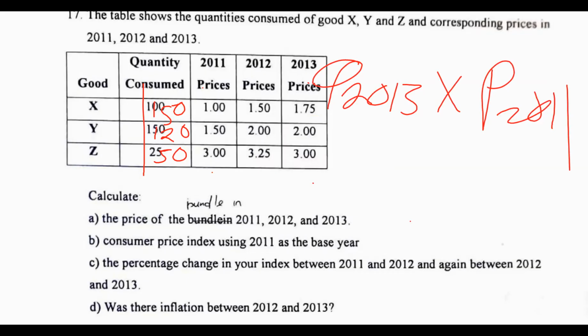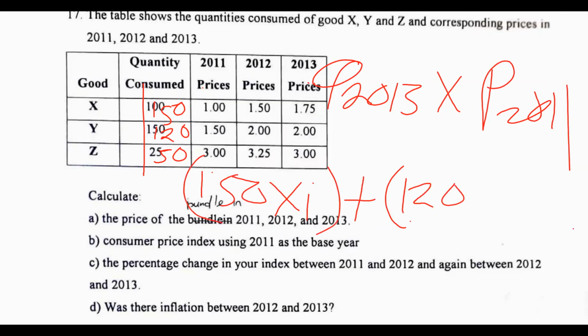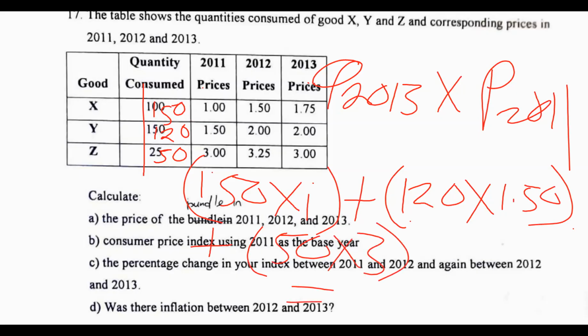It is 150 for good X times the price for 2011, which is 1 kwacha, plus 120 times 1.5, plus 50 times 3, equals the answer. That is the real GDP for 2013. Do you get it now? Did you get it?